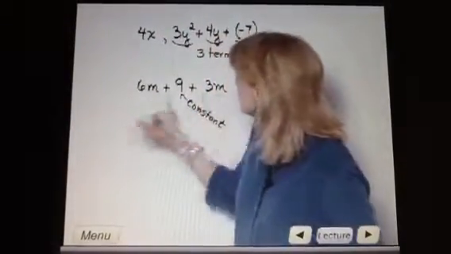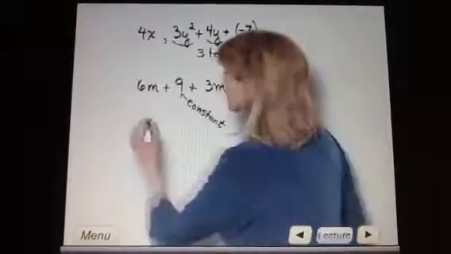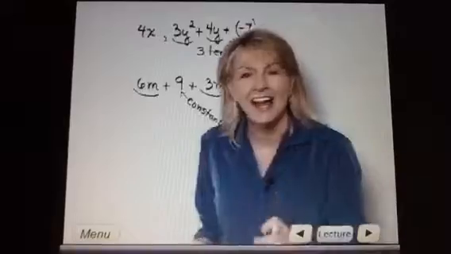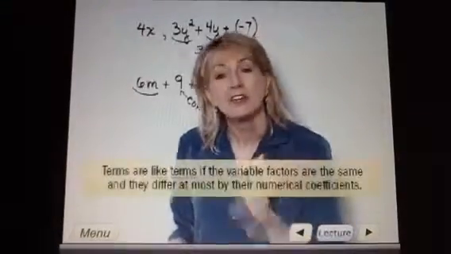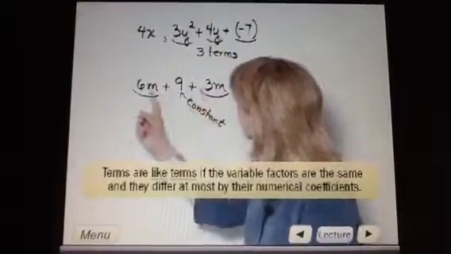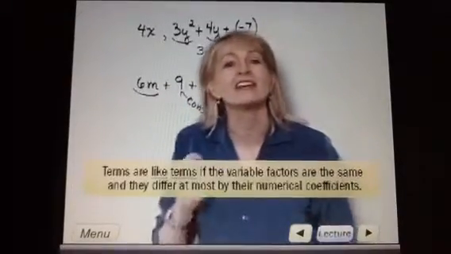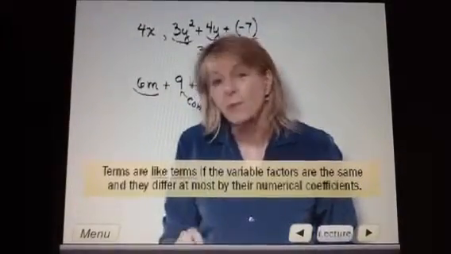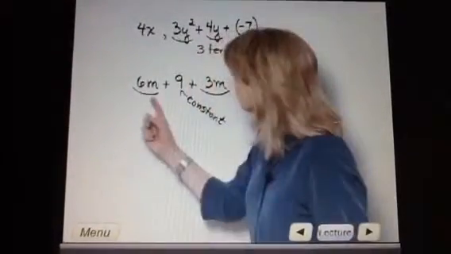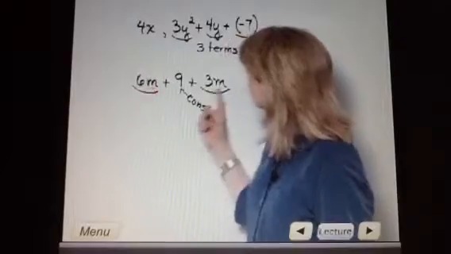These happen to be like terms. So let's talk about what we mean by like terms. Terms are like terms if the variable parts are exactly the same and they only differ by, at most, their numerical coefficients. So notice this is m, this is m.